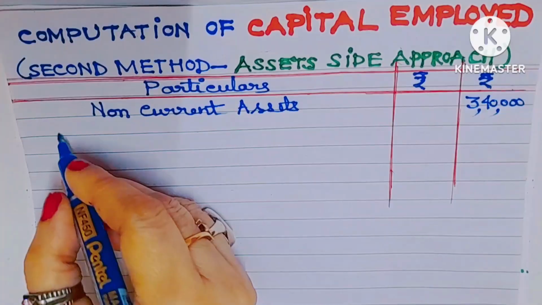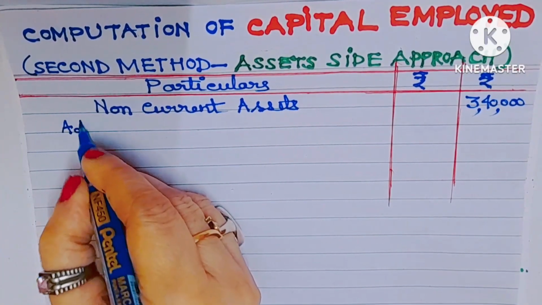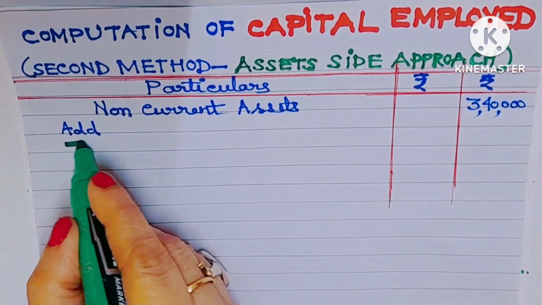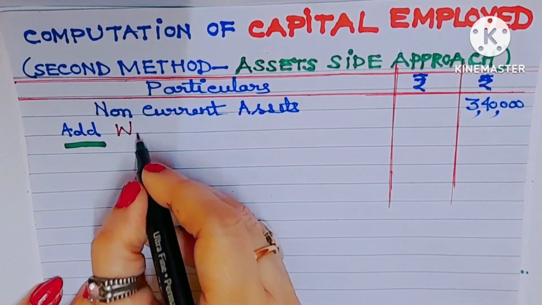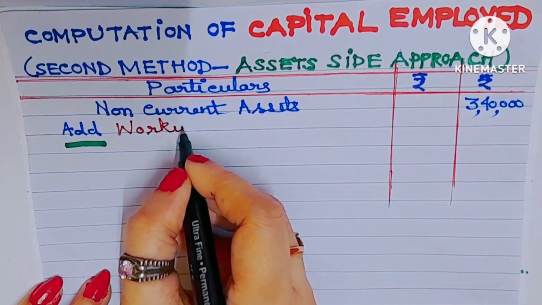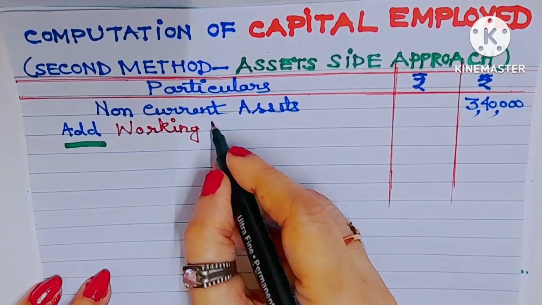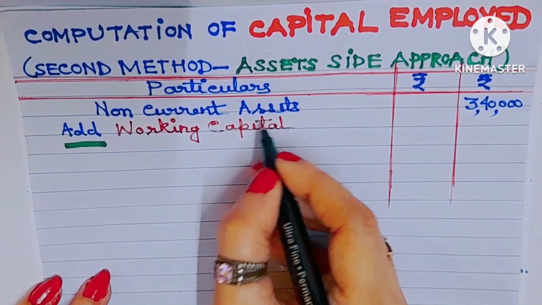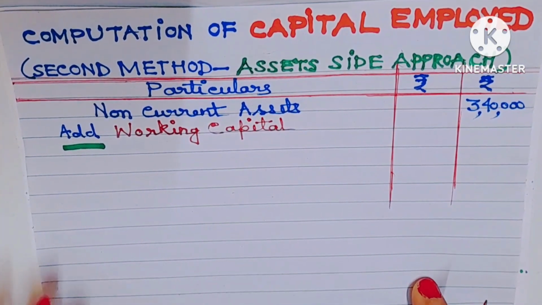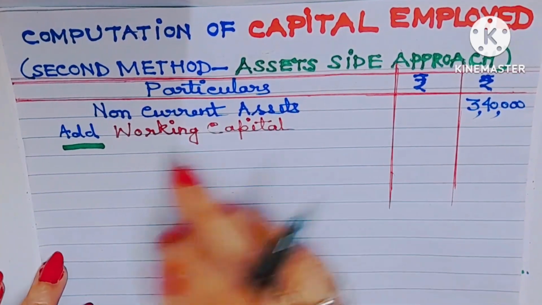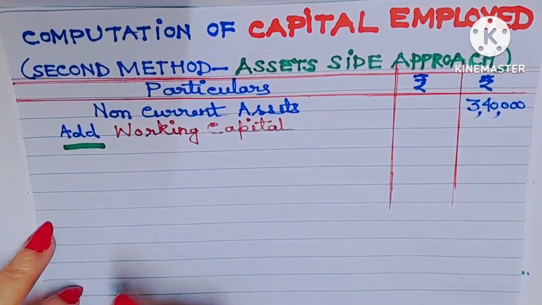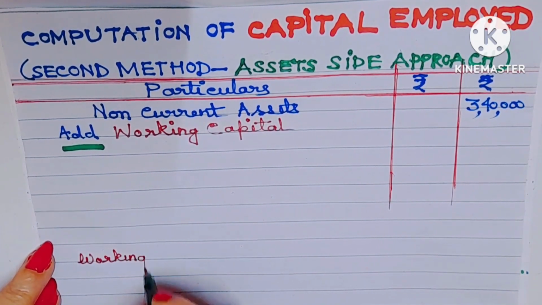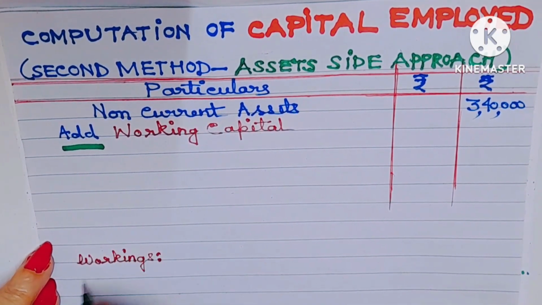Let's write. So add working capital. How much? Working capital, let's do it in the rough work. Working number 1.